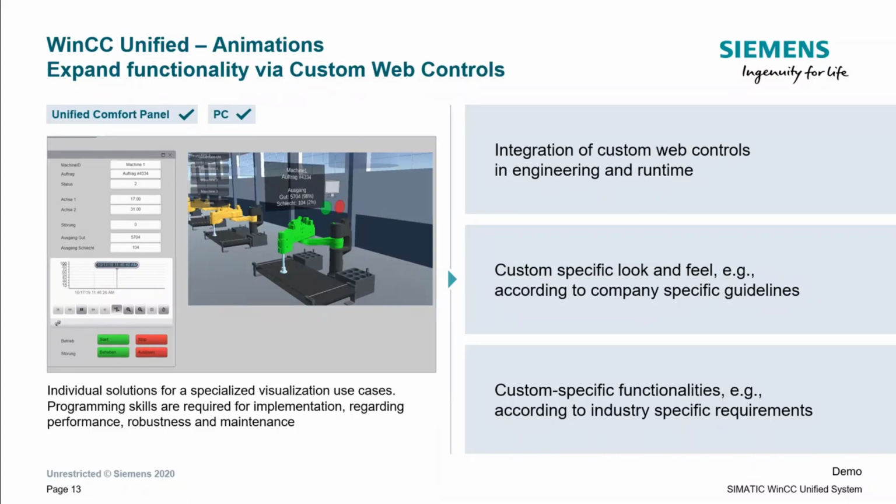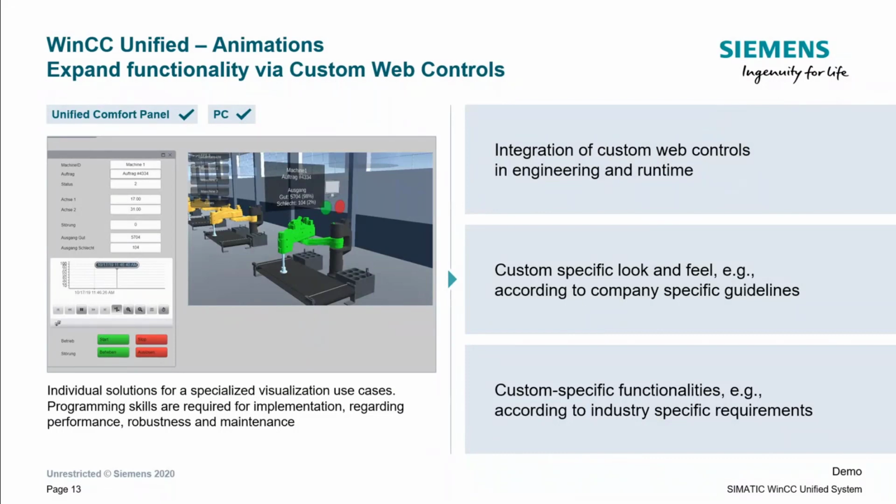We also have this feature, which you can see on screen, called custom web controls. This is a very powerful feature where we can have 2D or 3D animations, perhaps taken directly from a CAD package, and we can connect that to different tags.